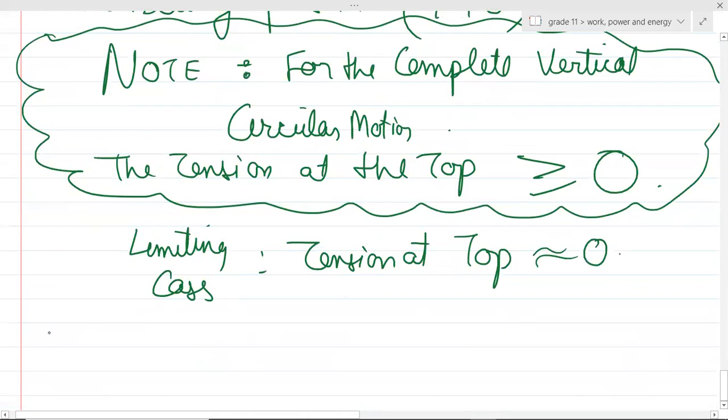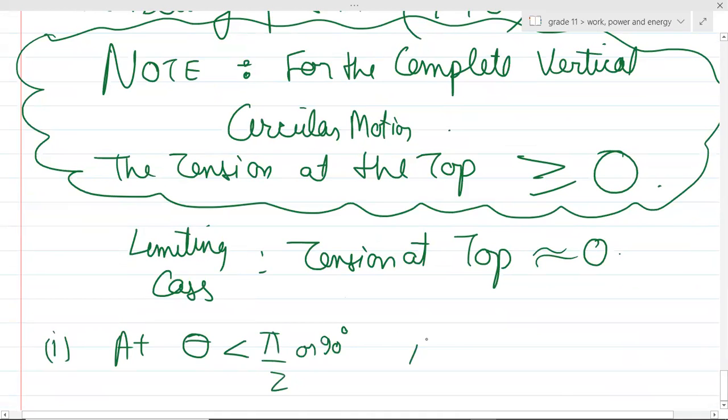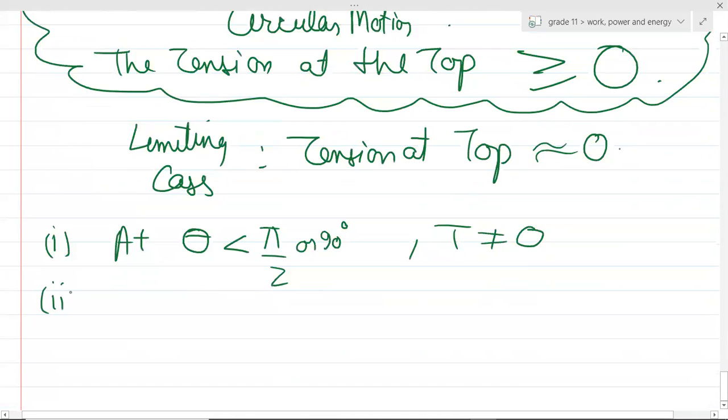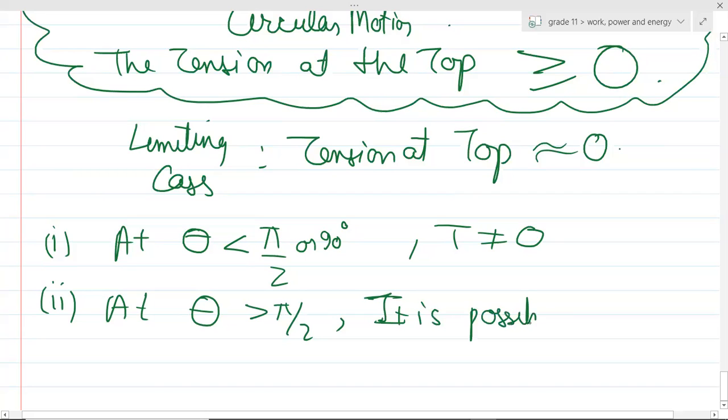So always remember, guys, at theta less than 90 degrees, the tension can never be zero, and at theta greater than pi by 2, it is possible that the tension may become zero.